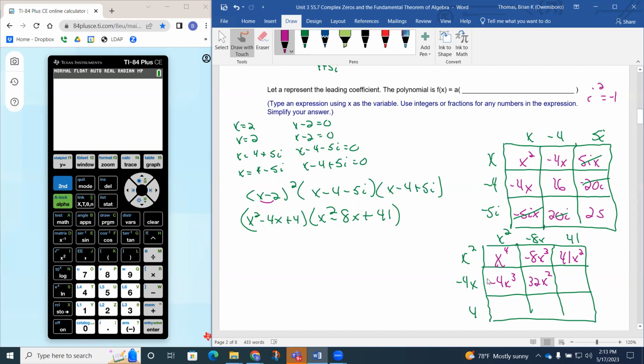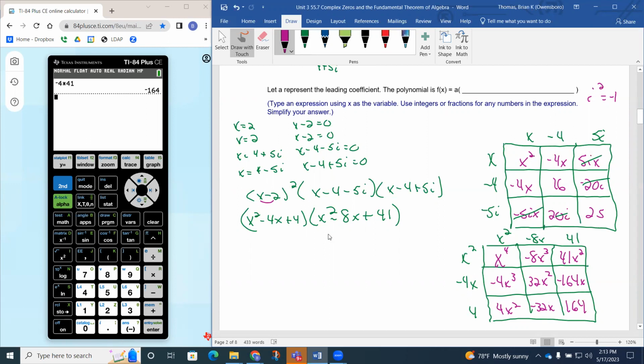Negative 4 times 41 is negative 164, so it's negative 164x. 4 times x squared would be 4x squared. 4 times negative 8x would be negative 32x. And 4 times 41 is a positive 164.